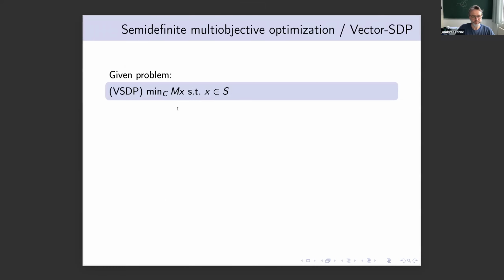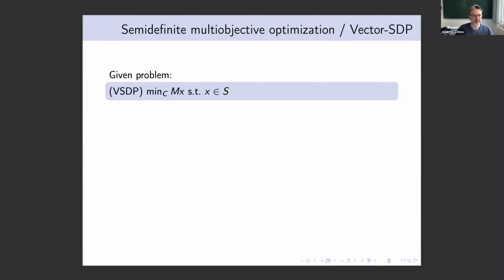And now we want to come back to our main idea. We are given a problem, a vector optimization problem, a vector semidefinite program, and we minimize a linear objective mapping here, and the constraint set is a spectrahedral shadow. So it is important to realize here that in this term spectrahedral shadows, many variables can be involved.